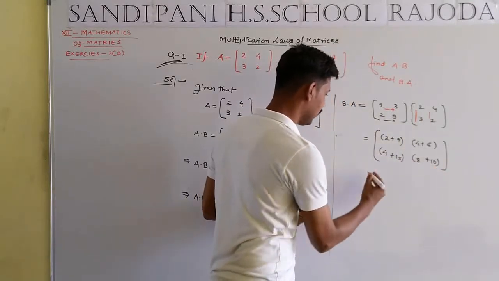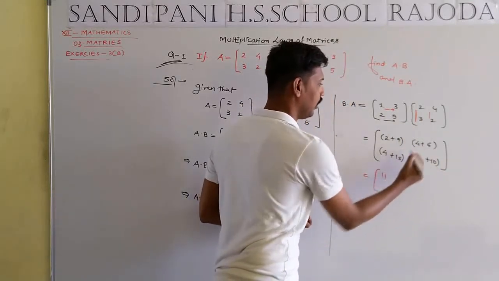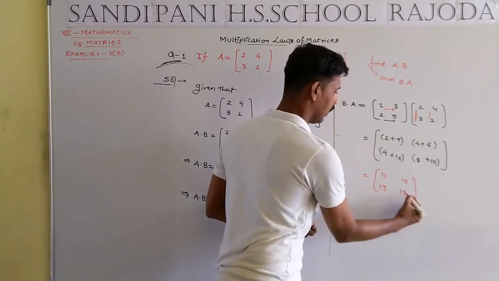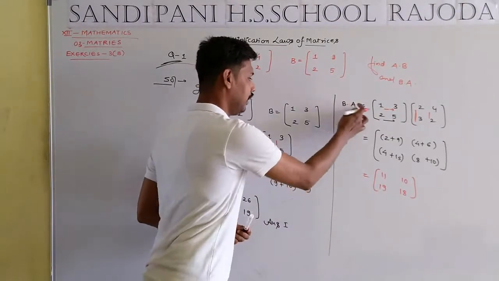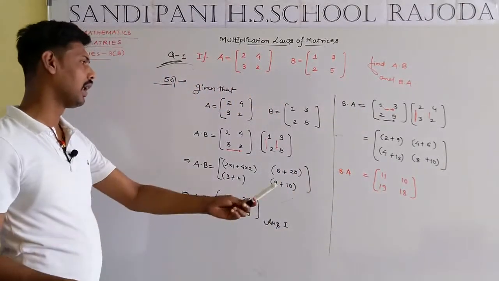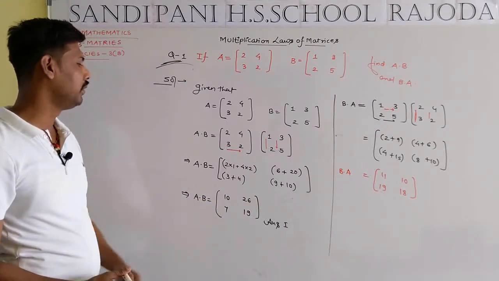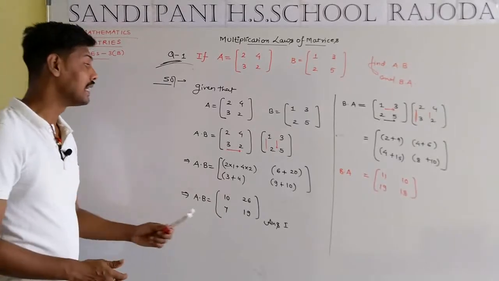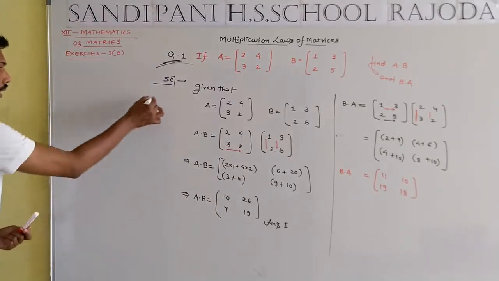Solution: 9 plus 2 is 11, 4 plus 6 is 10, then 19 and 18. Here B dot A equals [[11, 10], [19, 18]], and A dot B equals [[10, 26], [7, 19]].